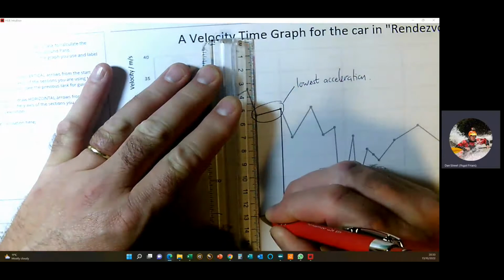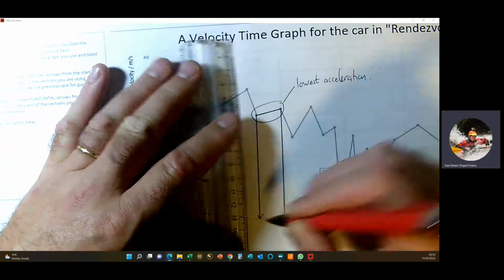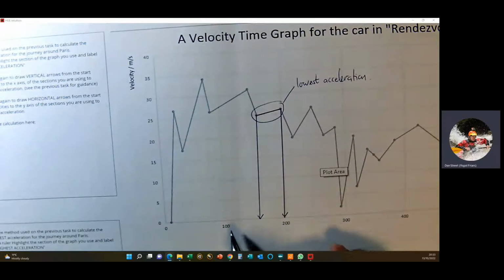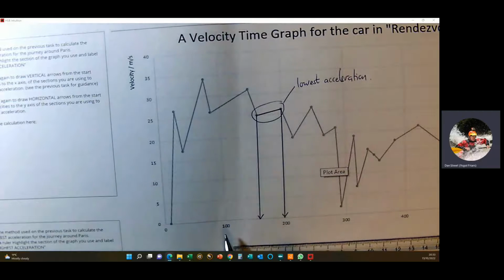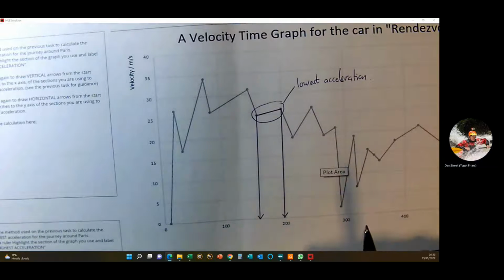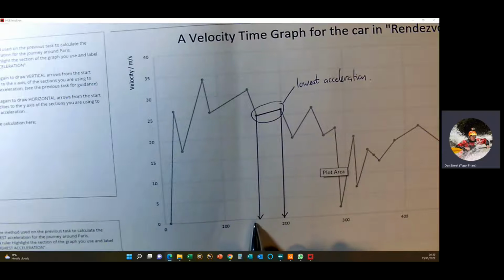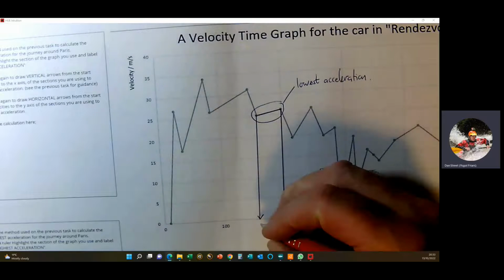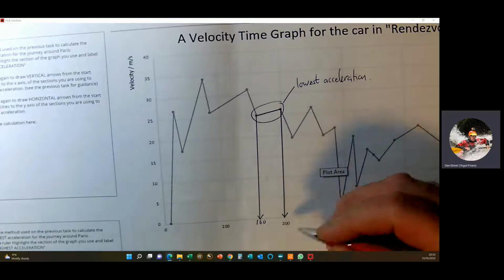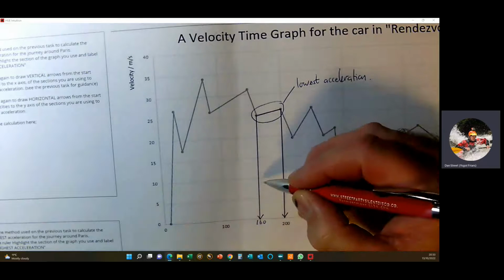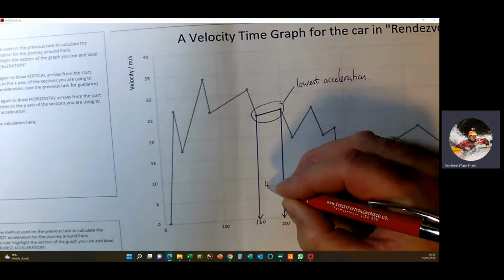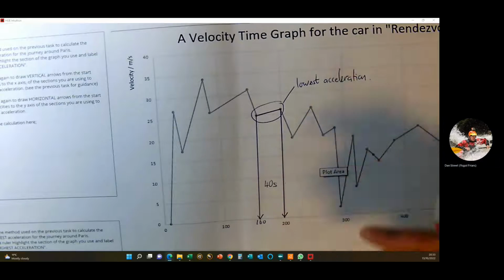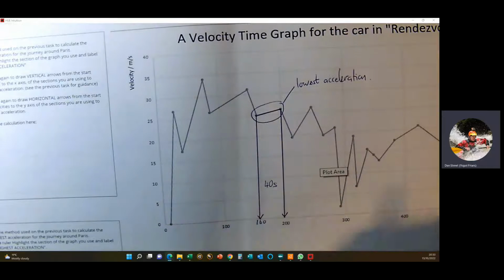Now this scale is not brilliant, there's very few indications along the bottom here, but if we estimate, there's 100 there, 200 there. So in the middle is going to be 150, so that's 160, and this is 200. So consequently, this time span here is 40 seconds. So that part of the journey took 40 seconds.